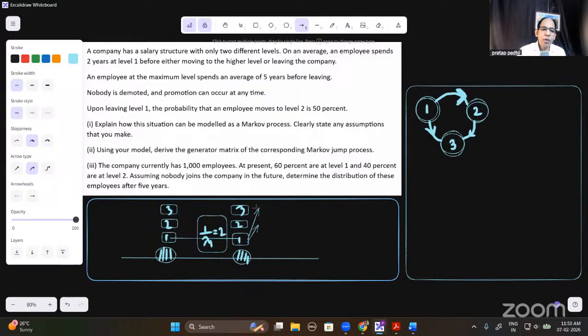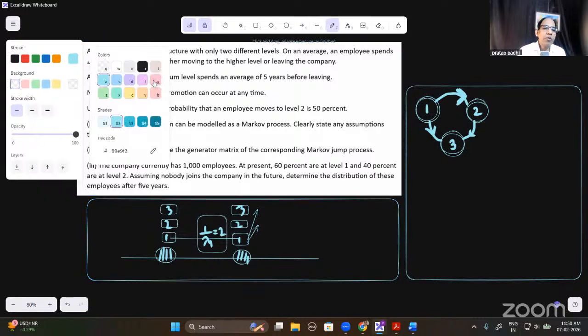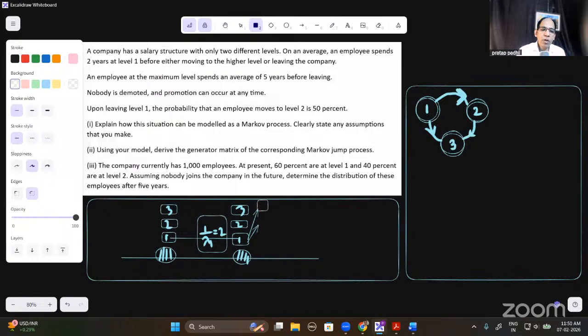So we have to write 2 ticks. If you compare this diagram, 1 to 2 is possible, 1 to 3 is possible, and 2 to 3 is possible.